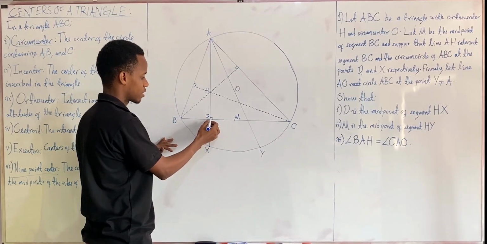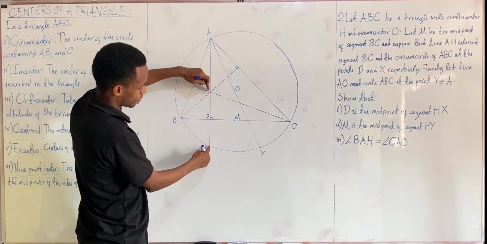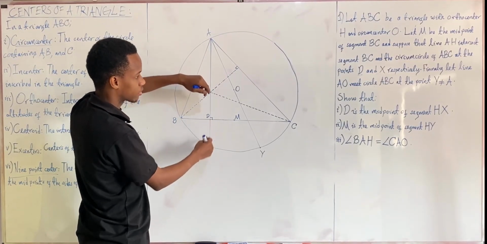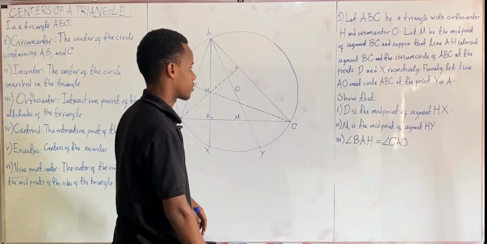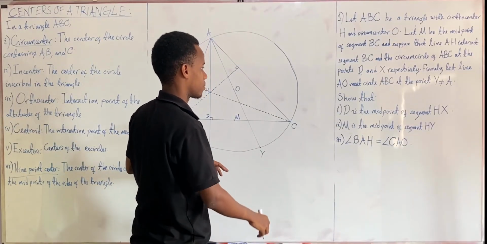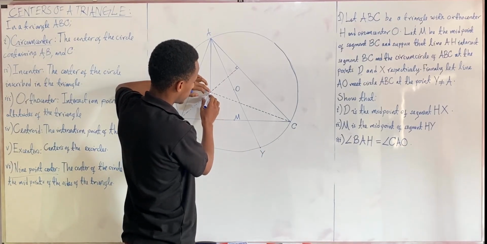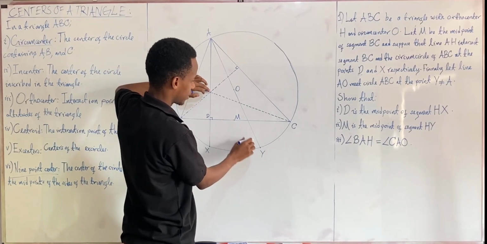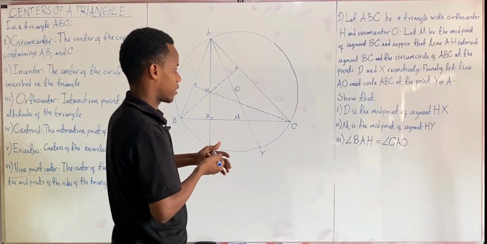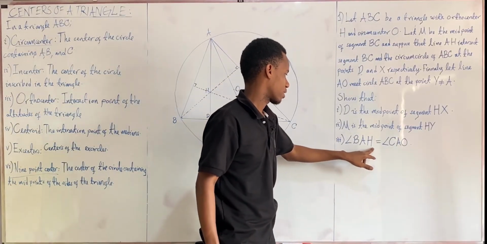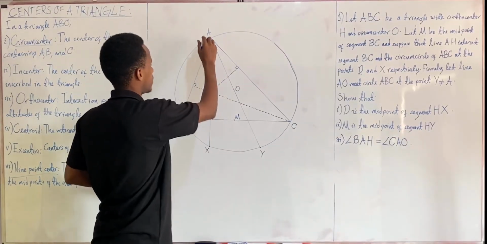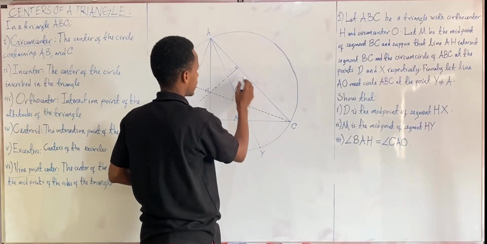We are required to show that this point here is the midpoint of this segment from H to X. And we're also required to show that M is the midpoint of segment YH. So M is also the midpoint of the segment through Y and H. And then finally, we're supposed to show that angle BAH is the same as angle CAO.